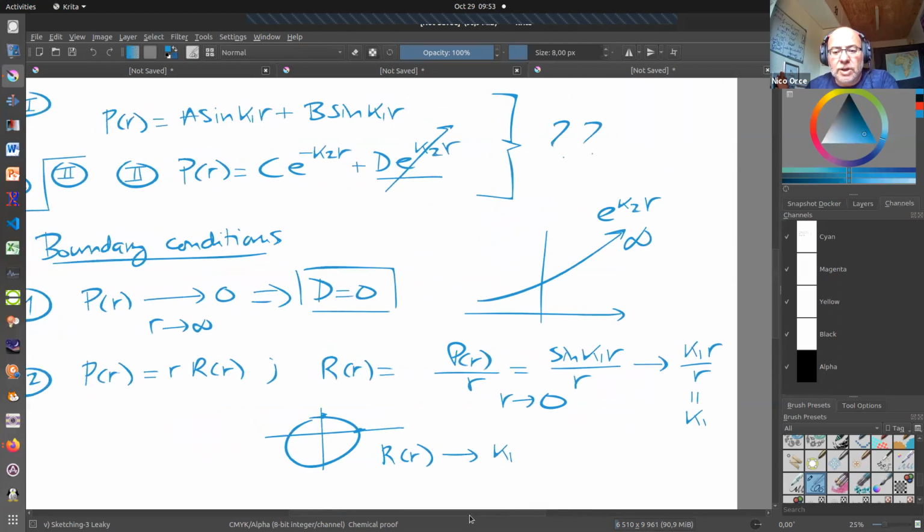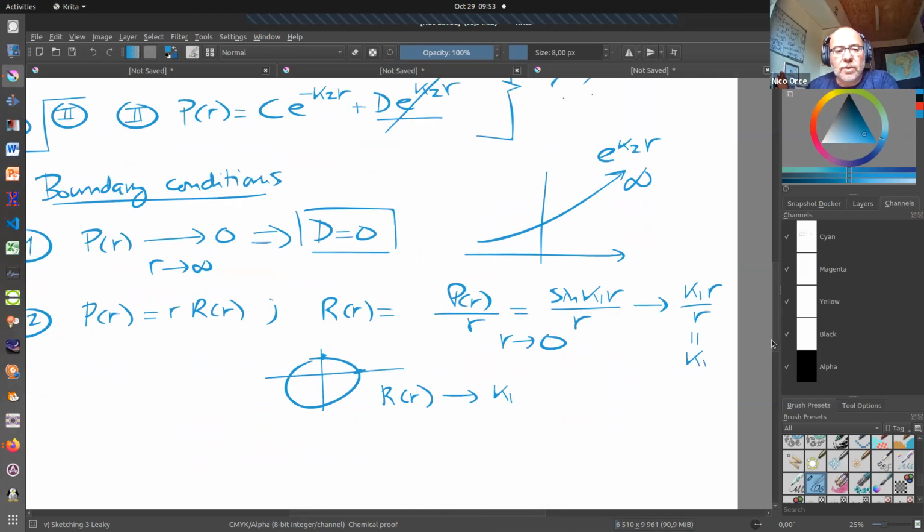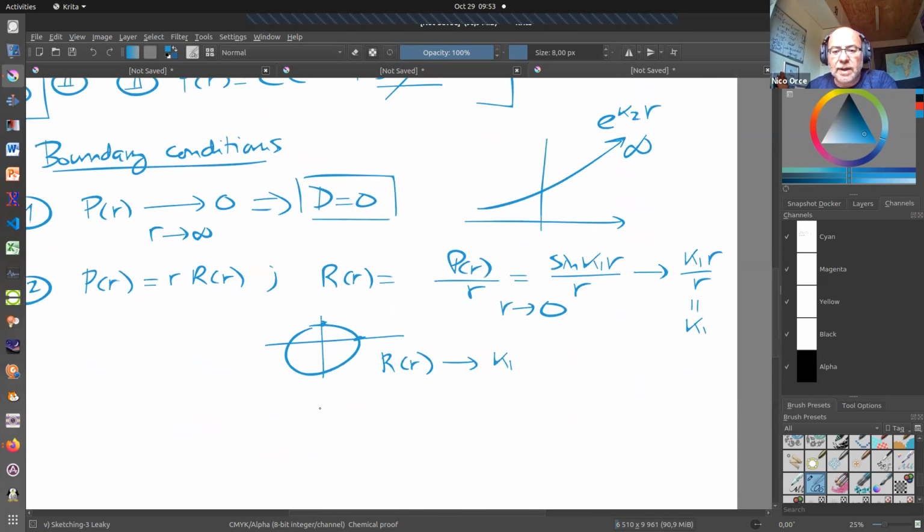Another condition that is also in the lecture notes: we do the same thing for the cosine. R(r) will be equal to the cosine of K1r over r, which, when r goes to 0, has the cosine being 1 and the r being 0, so this will be infinity, right? So we're going to have infinities. Infinities we don't want.